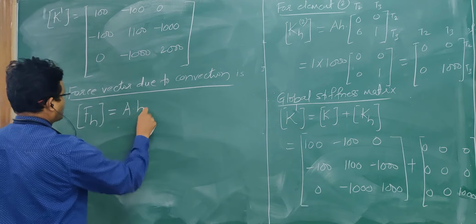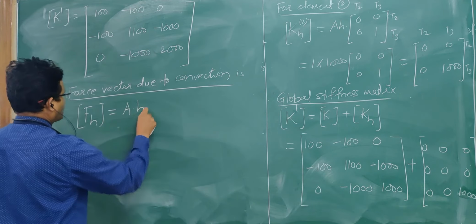So therefore the global load vector F is equal to F1, F2, F3. These are nothing but node number 1, 2, 3, corresponding to T1, T2, T3. Apart from the convective heat transfer coefficient, there is no load acting or no heat transfer mentioned in the slab.